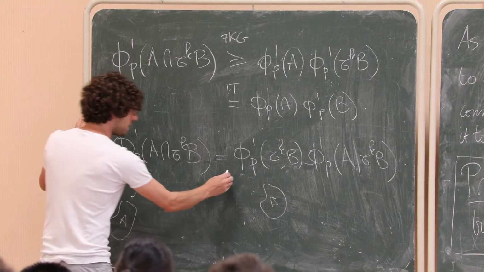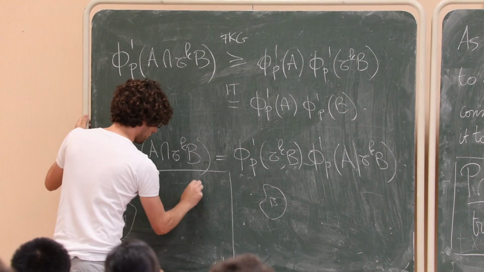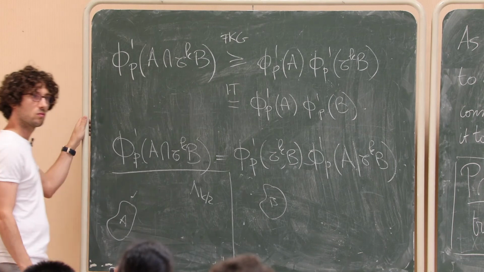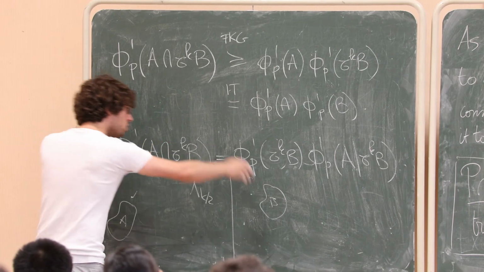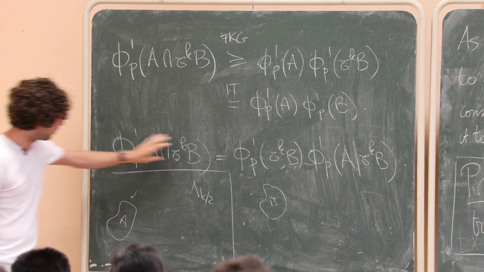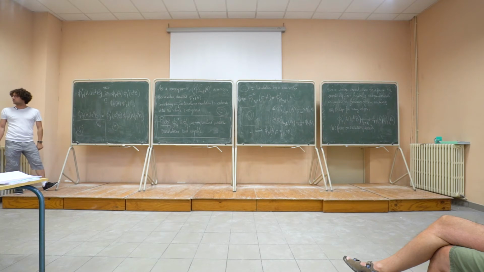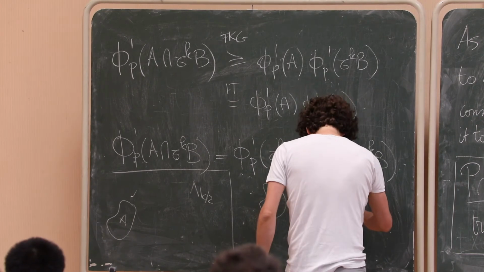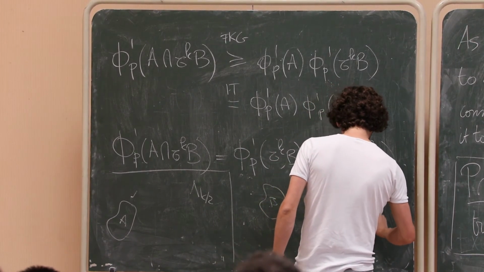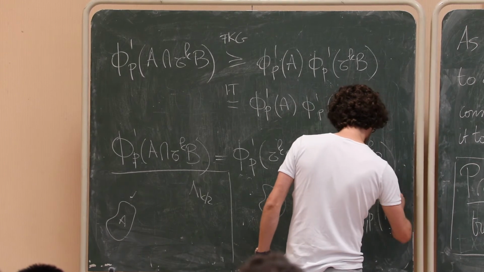So in particular, if I take the box here of size, say, k over 2, conditioning on B induces random boundary conditions on the boundary of lambda k over 2, right? By the domain Markov property. But those boundary conditions are necessarily bounded. They are smaller than the wired boundary condition, the one boundary conditions, right? So this whole thing here is smaller or equal to phi 1 lambda k over 2 p of A.